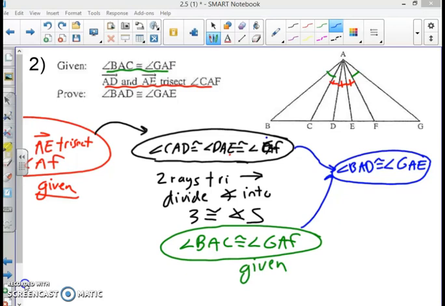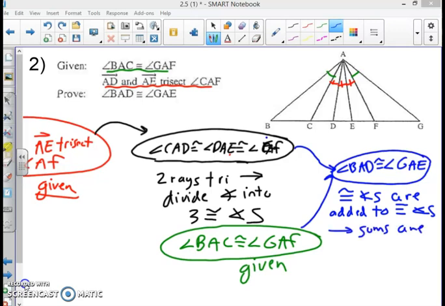We are using the fact that if congruent angles are added to congruent angles, then the sums are congruent. The nice thing about doing a flowchart proof like this is that you don't need to state which two previous statements you're relying on, because it's very clear that those two are coming together to let you reach that conclusion.